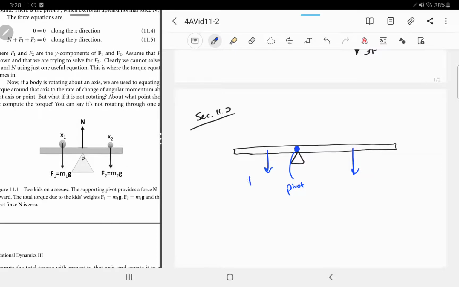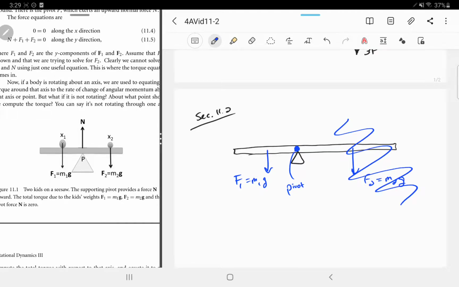Okay, so there's an F1 and there's an F2. F1 is downward. I'm not going to write the arrow sign here. F1 equals M1G, and F2 equals M2G. And notice how the torques are in opposite directions. So given the pivot point, ignore F2 for a second.